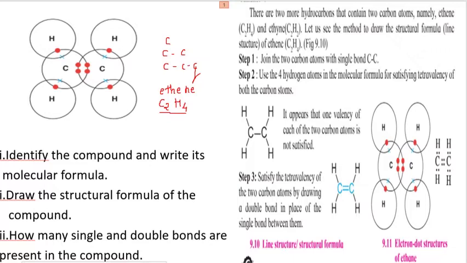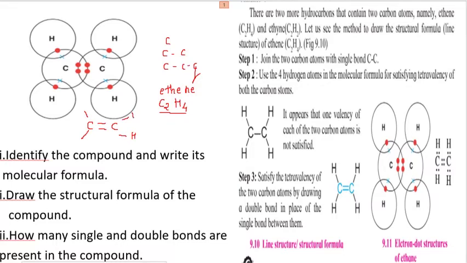Let us write down the structural formula. Here we have to first write down two carbon atoms, as two carbon atoms are present, and there is a double bond between the two carbon atoms. So we have to draw the double bond, and here 4 hydrogen atoms are attached.